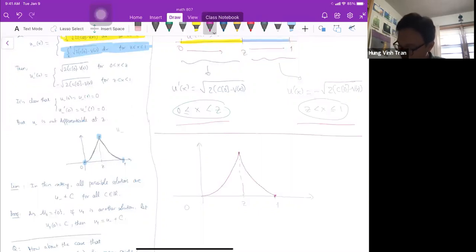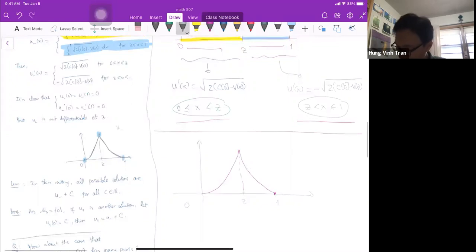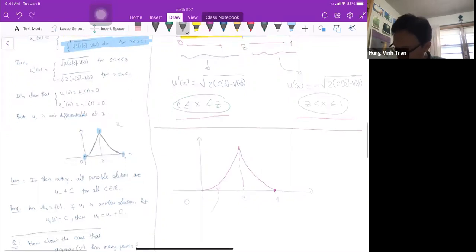Okay. So maybe let me write that in this left branch again. I have u prime equals root of 2 times c naught minus v of x. Okay, that's this branch. And then in the other branch, I would have u prime of x equals minus root of 2 times c naught minus v of x.